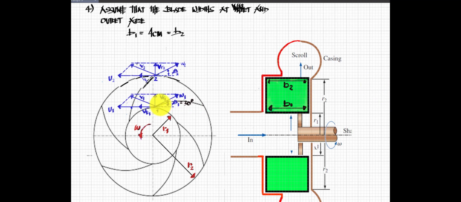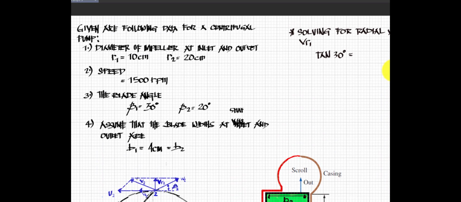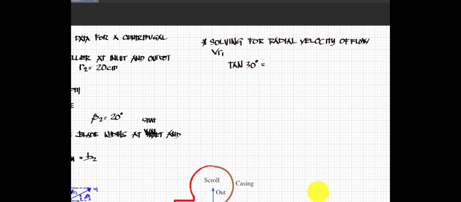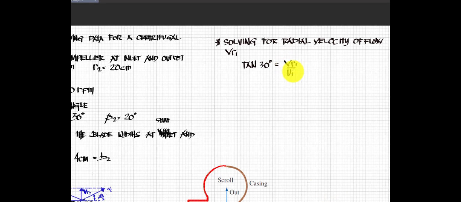Now to get the VR1, we have the tangential velocity. The tangential velocity can be solved by multiplying your angular velocity times your R1, or radius 1. So the tangent of 30 degrees will be equal to your VR1 divided by the tangential velocity. You have your fluid flow velocity.